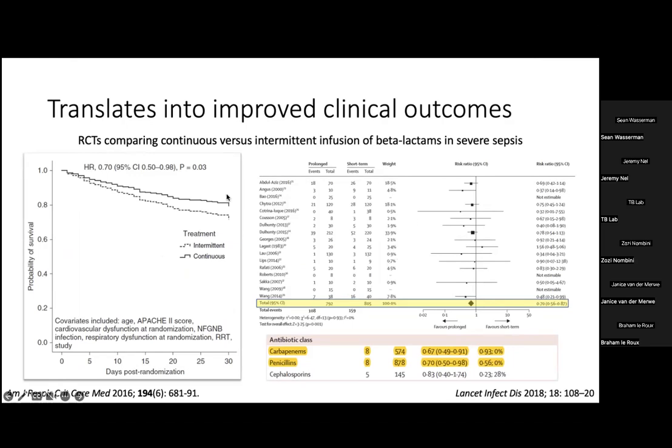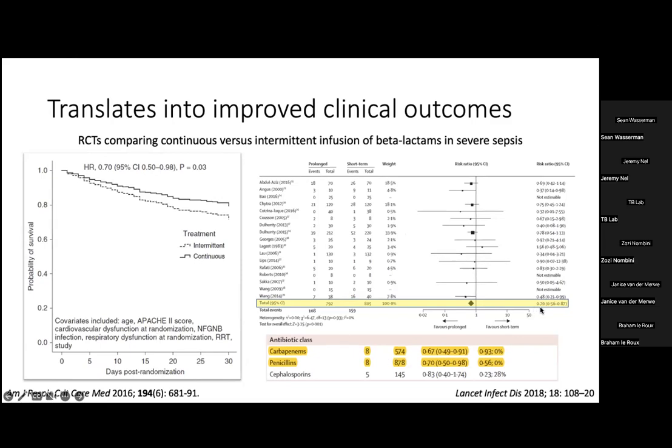On the right is just a pooled aggregate data meta-analysis. They showed exactly the same thing: a relative reduction in mortality of about 30% when a continuous infusion was given versus intermittent bolus dosing. And on the left, it was controlled for various important prognostic factors.